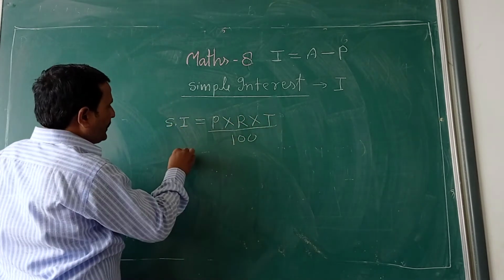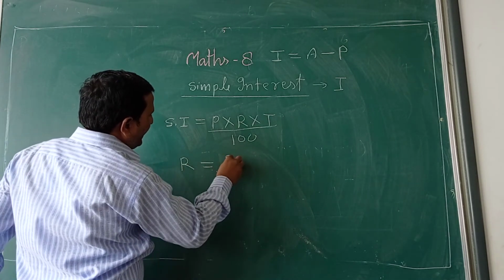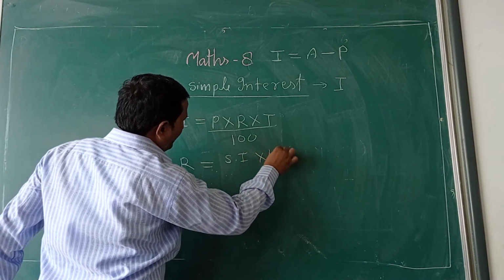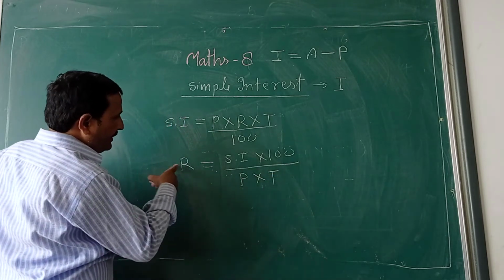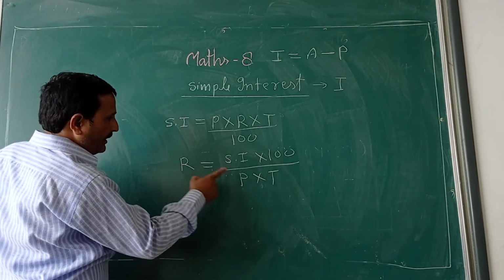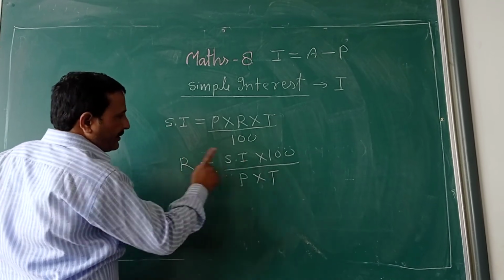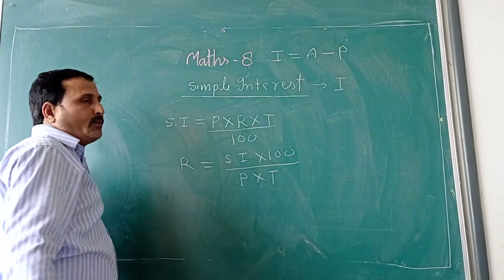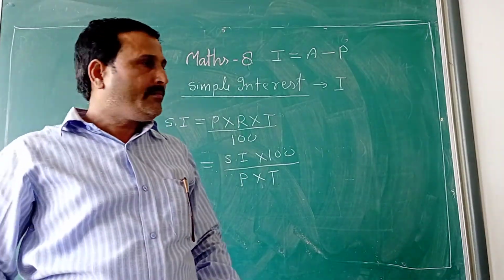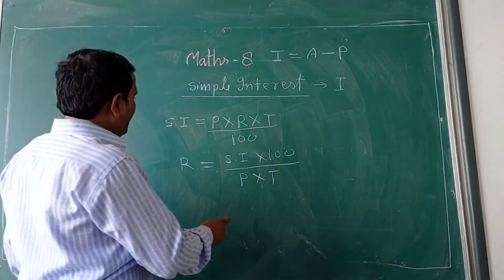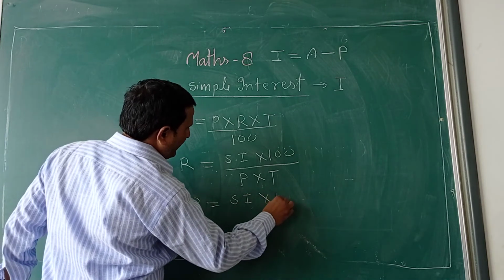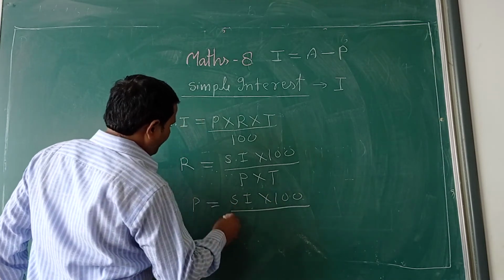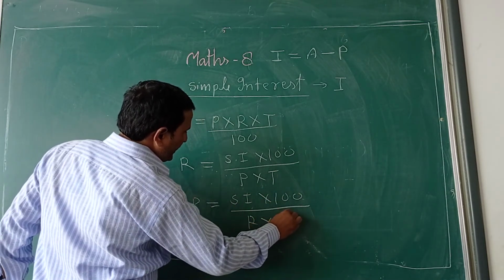From this formula you can calculate the rate also: rate is SI into 100 upon P into T. Principal is equal to SI into 100 upon rate into time.